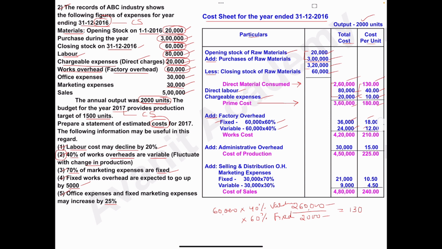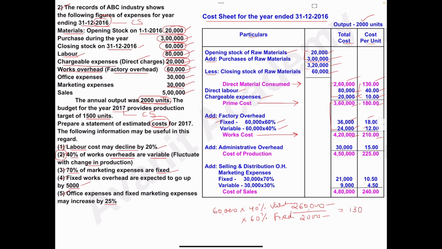Add these three amounts: prime cost amount and factory overhead amount. 3,60,000 plus 36,000 plus 24,000, and the total is 4,20,000. Cost per unit: 180 plus 18 plus 12, and the total is 210. This is called works cost.